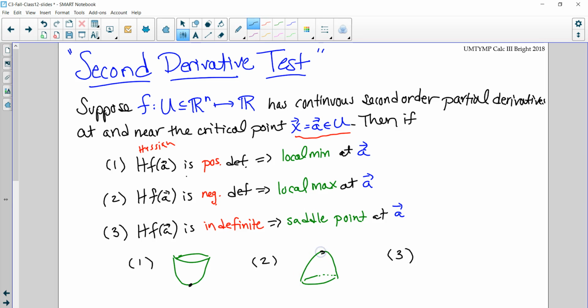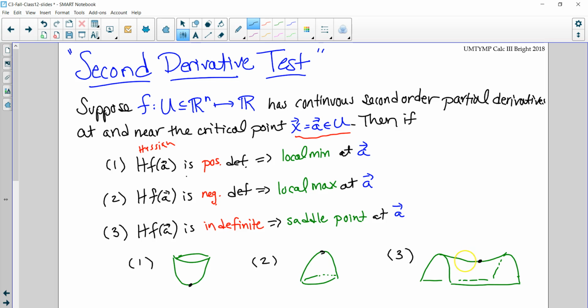For our last case where we have a saddle, we have one parabola like this, and then the other parabola here, and maybe right there would be our saddle point.